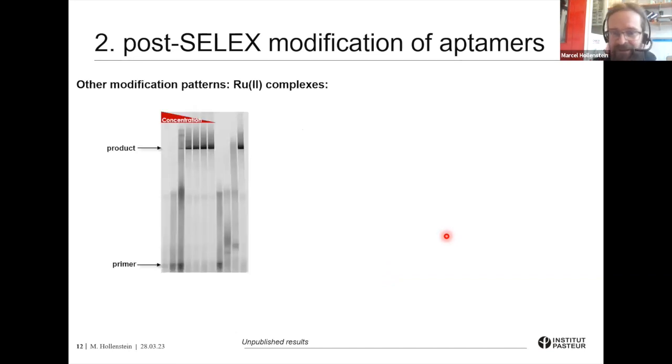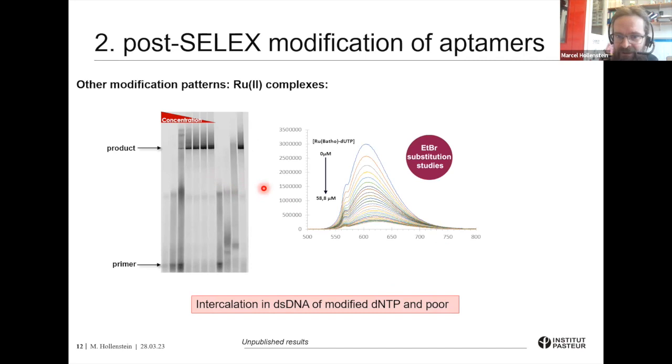But unfortunately, these are not very compatible with aptamer selections, not because they are not good substrates for polymerases, but because they intercalate into DNA even when connected to nucleotides and oligonucleotides. So we had to find ways around this problem.